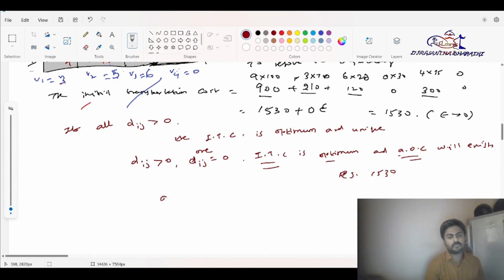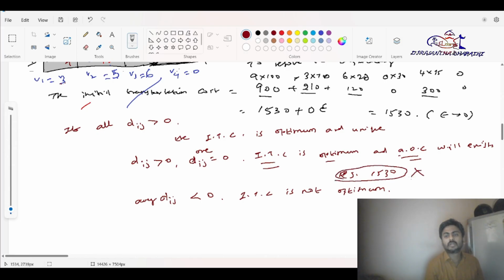Suppose you are having any dij less than 0, the initial transportation cost is not optimum, which means what is happening? Definitely this cost is not optimum.